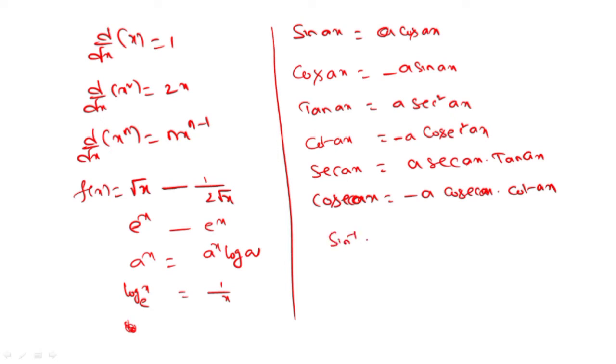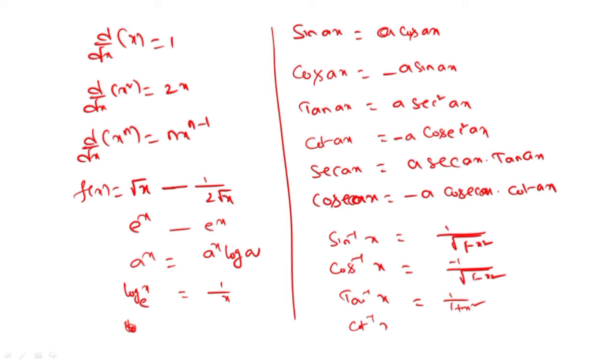Sin inverse x is 1 by root of 1 minus x square. Cos inverse x is minus 1 by root of 1 minus x square. Tan inverse x is 1 by 1 plus x square. Cot inverse x is minus 1 by 1 plus x square.